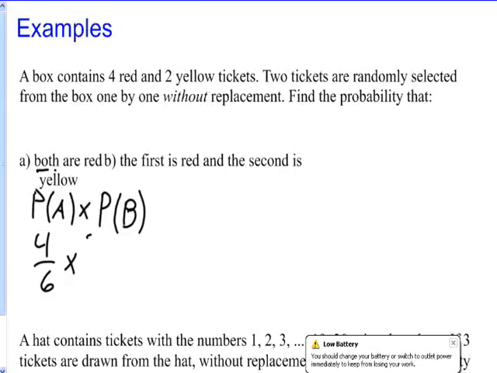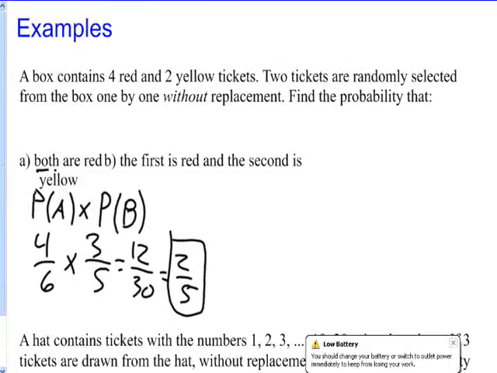It's a 3 out of 5 chance, because one of those red tickets was taken away, and so 1 ticket was taken away from our total. So then we just multiply across, and we get 12 over 30, which can be reduced down to 2/5. Okay? So we have a 2/5 or 40% chance of selecting a red ticket both times.